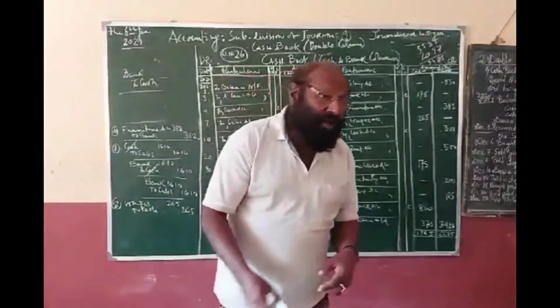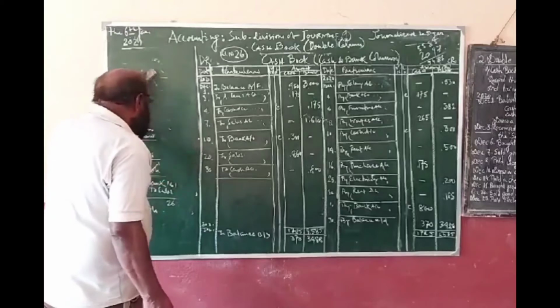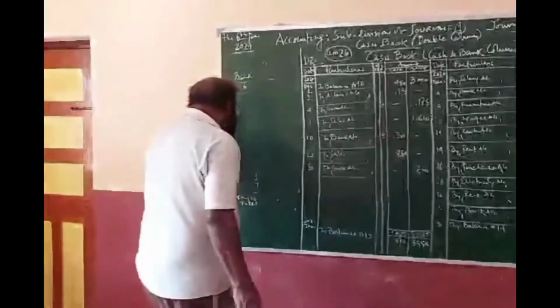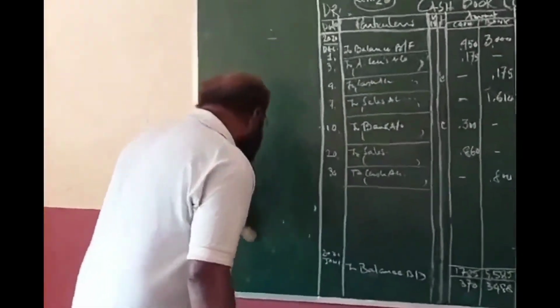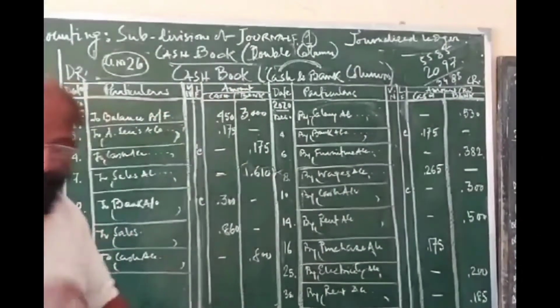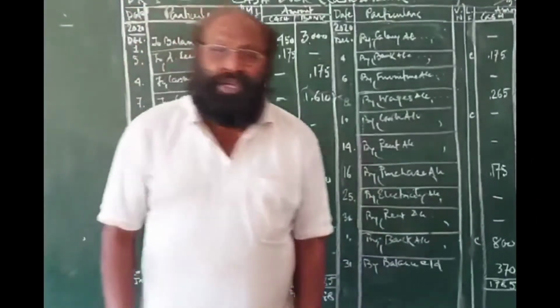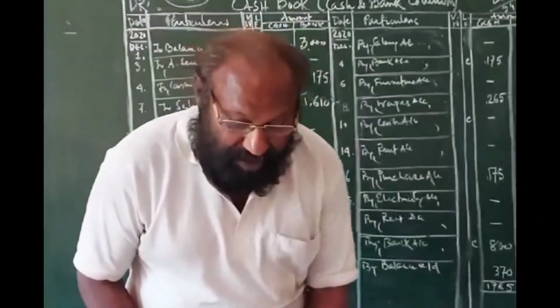Clear? Now, I am giving you a total idea of the entries which are very critical with respect to cash and bank account. Okay? What is the case? Just take the example.